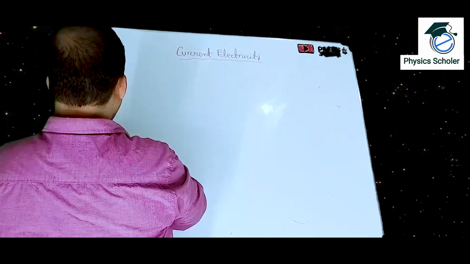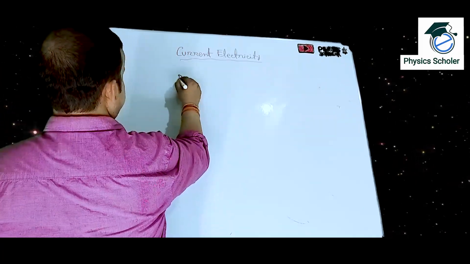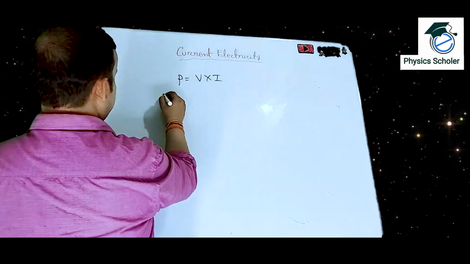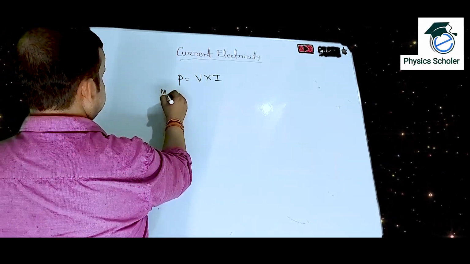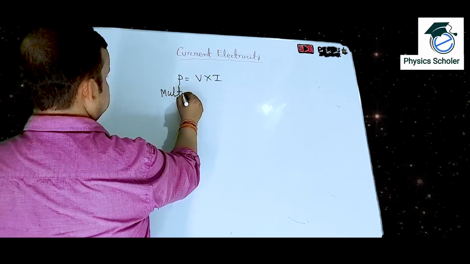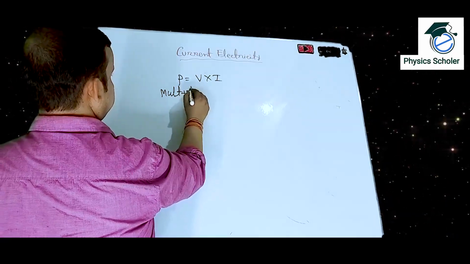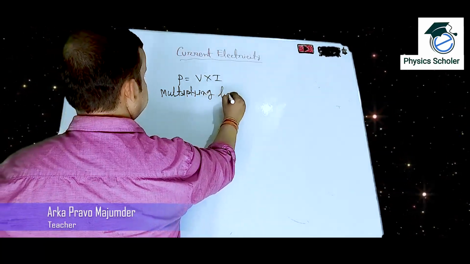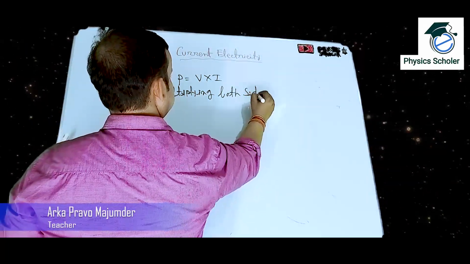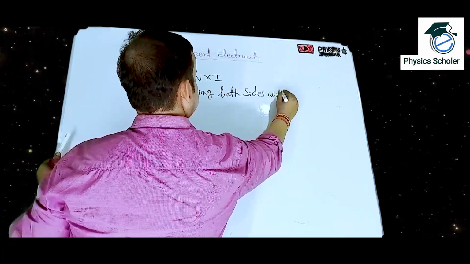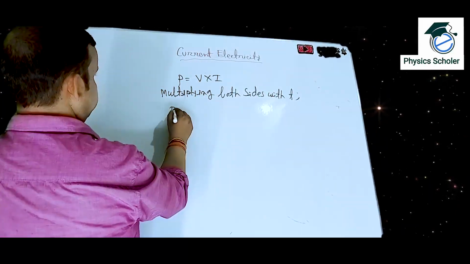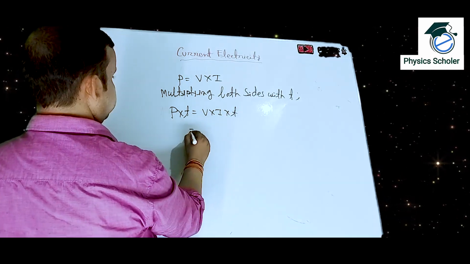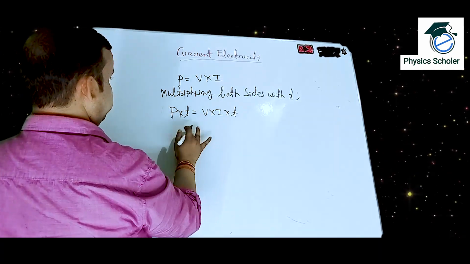Now, what we know? Power P is equal to V into I. Now multiplying both sides with T, we get P into T is equal to V into I into T. Now what is the value of V?